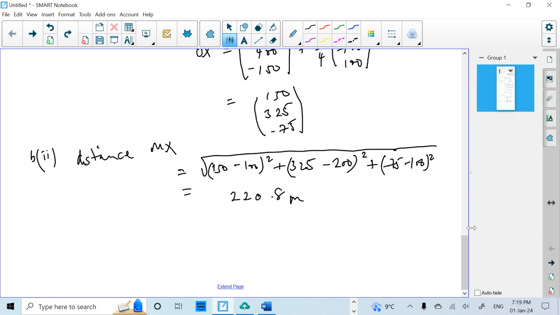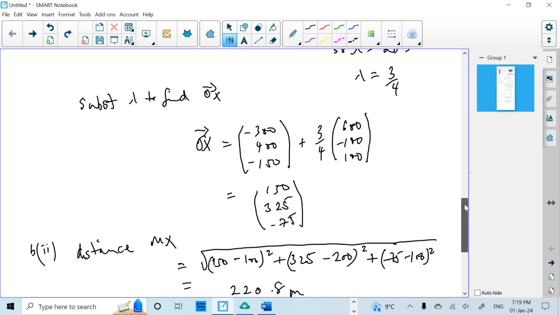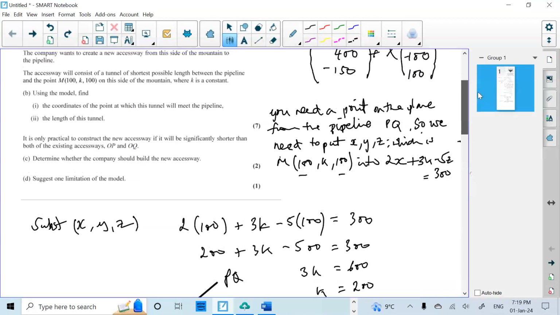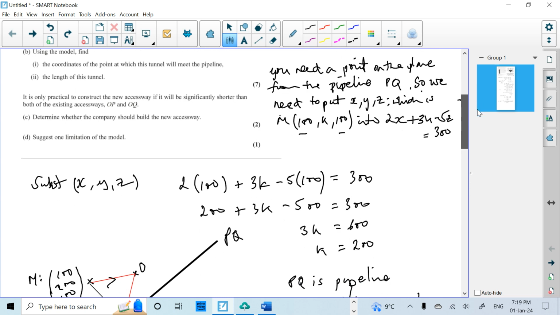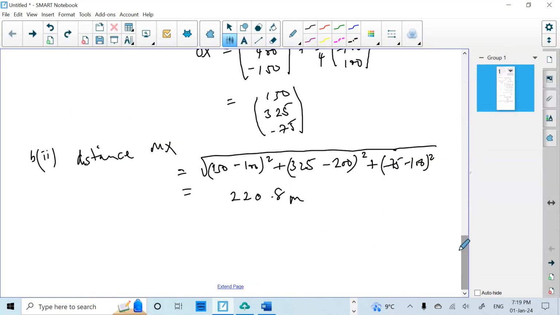Now we need to find out whether or not this company should build the accessway. In order to do that, and I've taken 20 minutes so far, that's a long time to answer a question, we look at the distances OP and OQ.